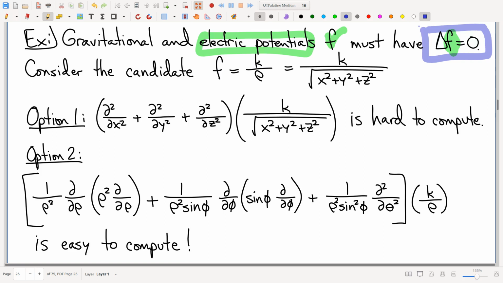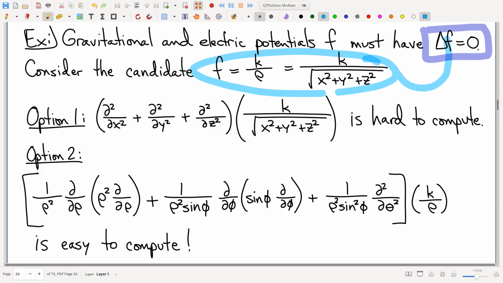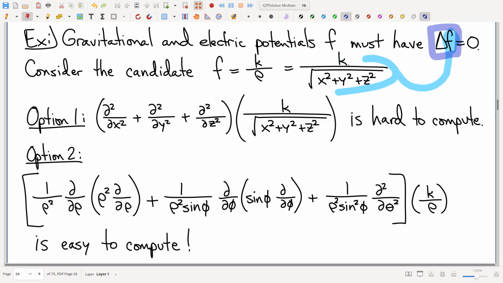Okay, I'm going to need to then take a candidate function, what I claim works, and I'm going to apparently need to be able to take the Laplacian of it, and I better get 0 as my answer is the suggestion here. But in particular, I'm going to have to compute the Laplacian of whatever function I want to entertain as possibly being the right answer.